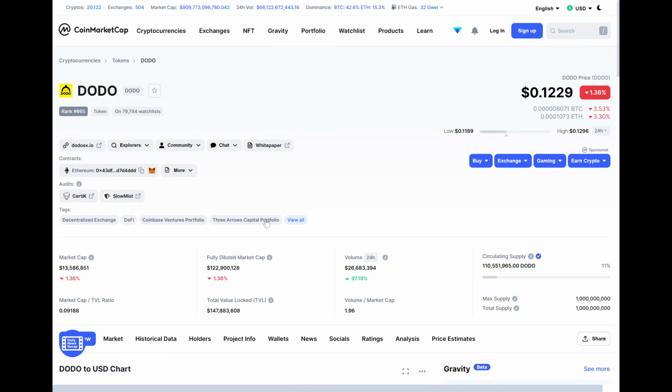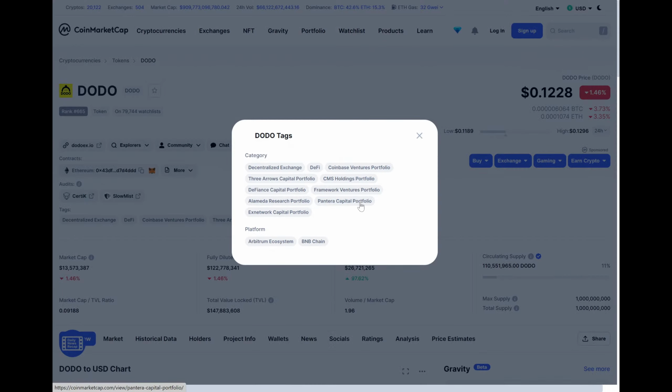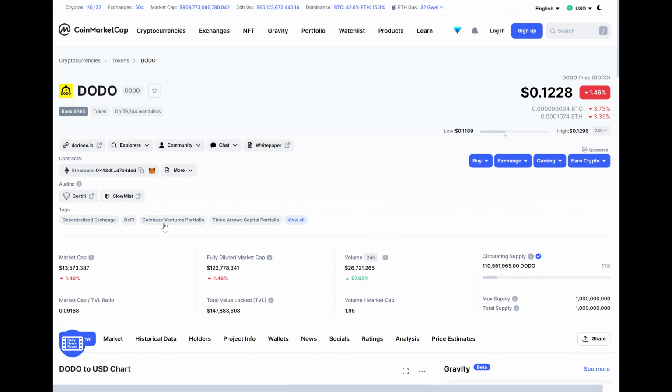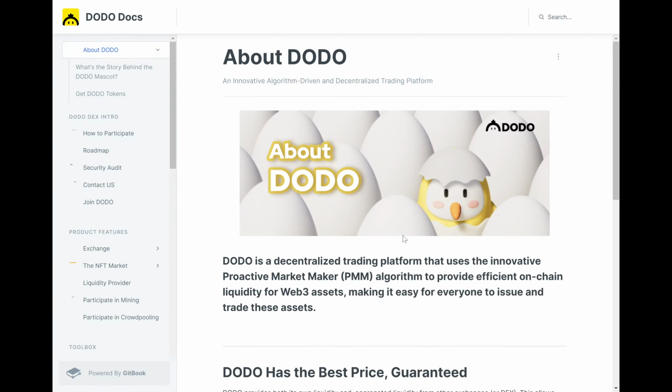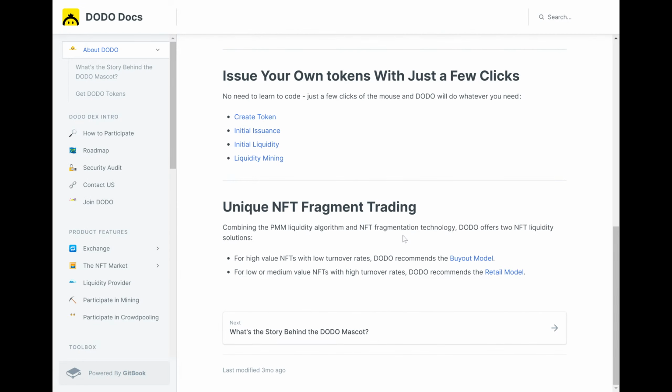I looked and I saw the investors, and I saw Three Arrows Capital at the time. That was a great idea, okay? But more important, I saw Coinbase Ventures. I just went straight to the website. There's a series of things that I do when I check the viability of a project, but one of them is I want to see who else invested.